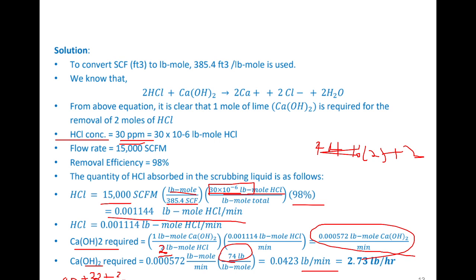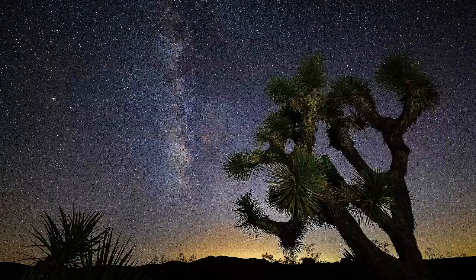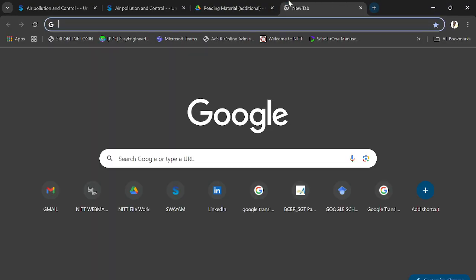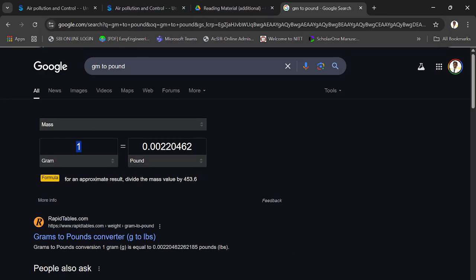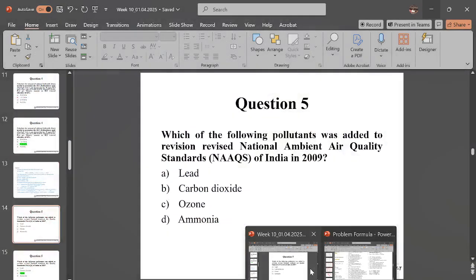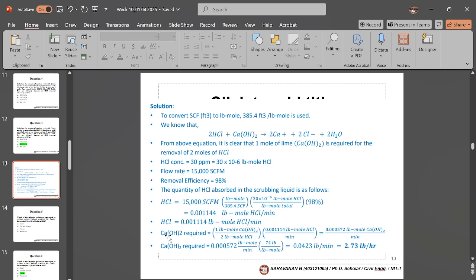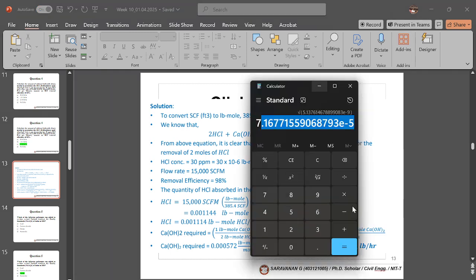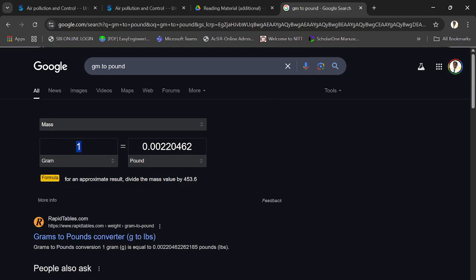But here everything is in pounds. So how to convert gram to pound? It is a conversion. If I put 74 here, 0.163.